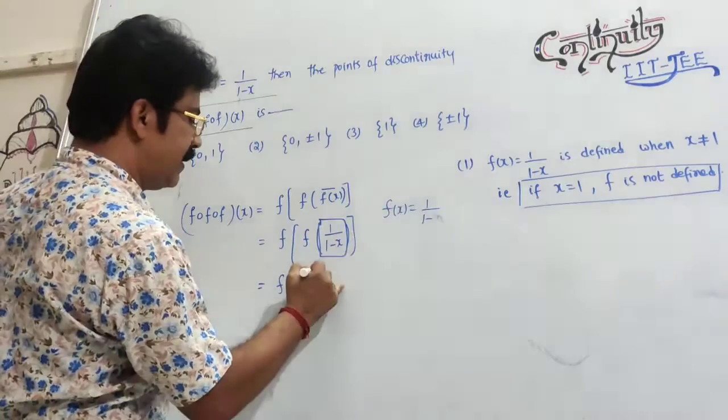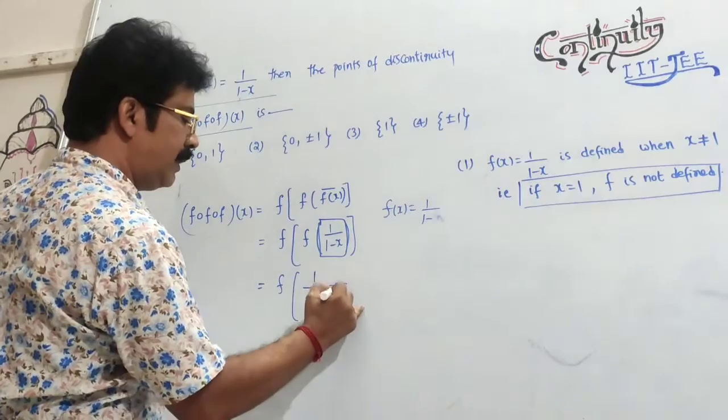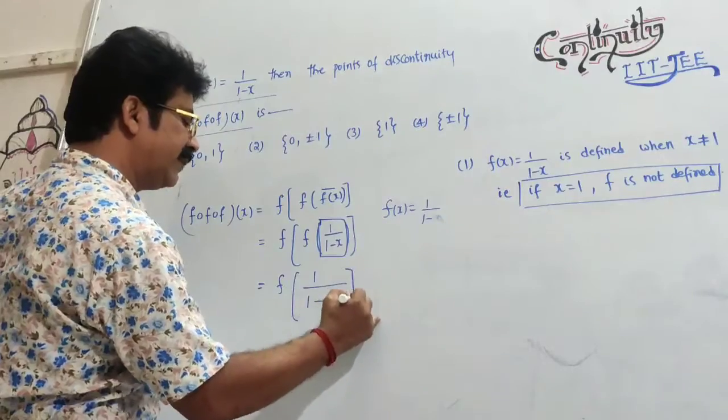So therefore 1 by 1 minus 1 by 1 minus x.